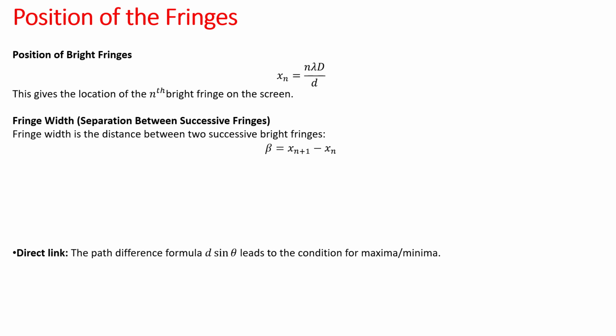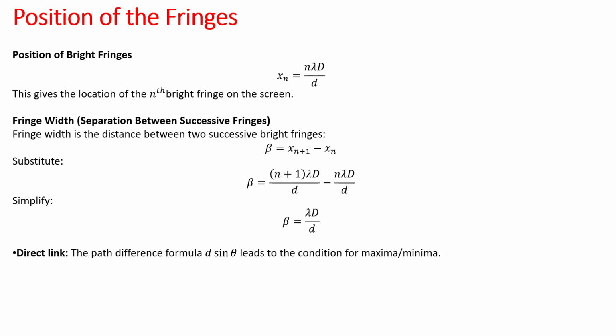Beta will be the fringe distance, so we calculate x n plus 1 minus x n. Substituting the values and solving, we get fringe separation equals lambda into capital D upon small d.